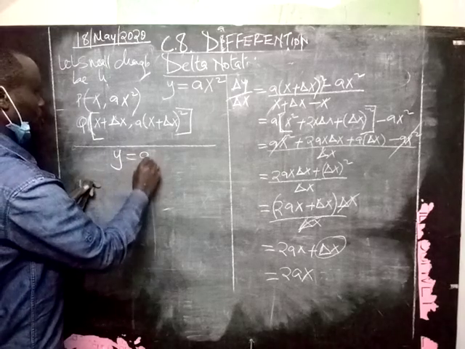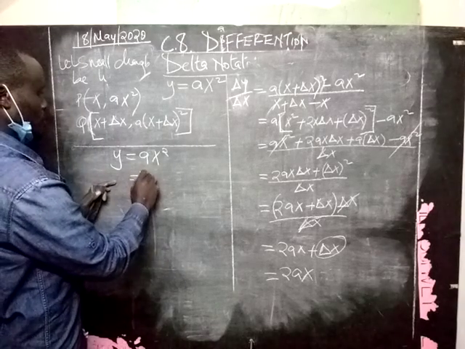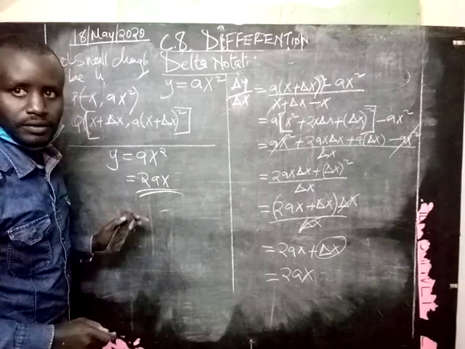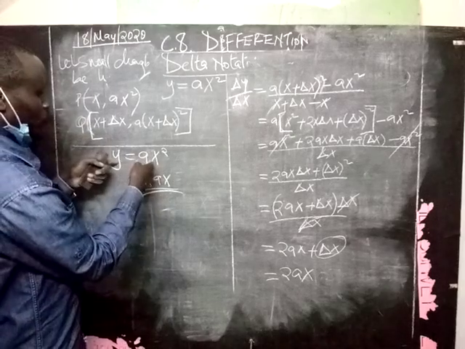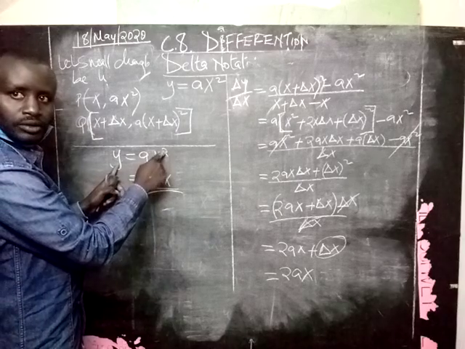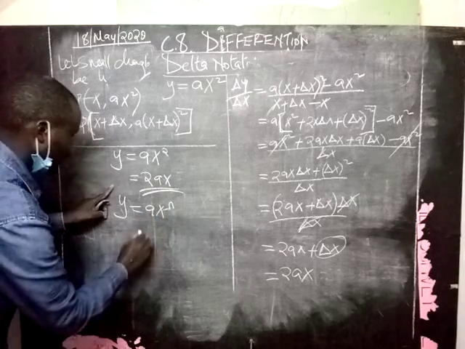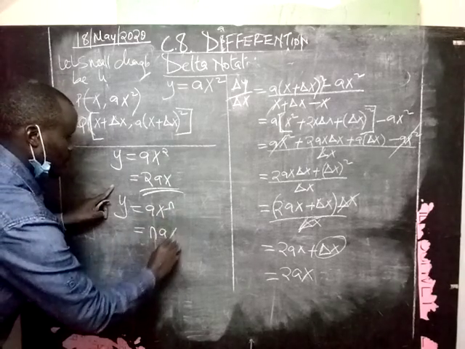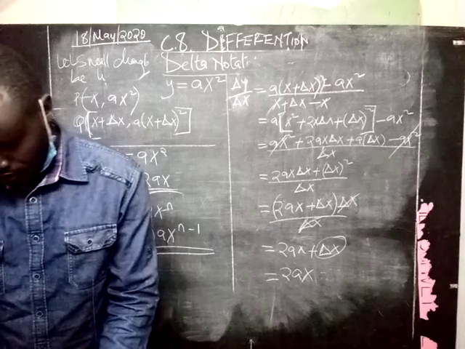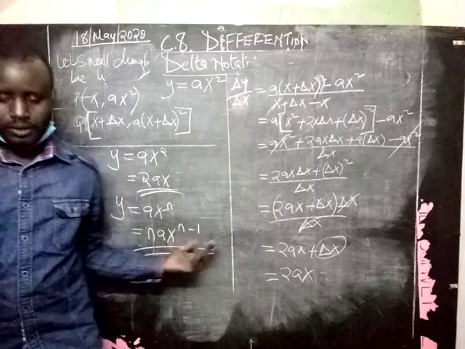We have y equals ax raised to 2, and as you can see, we have 2ax, that is our derivative. When we differentiate this, remember the concept of bringing down the 2. This gives us general knowledge that when we have ax raised to n, we get n a x raised to n minus 1. That is our general formula.